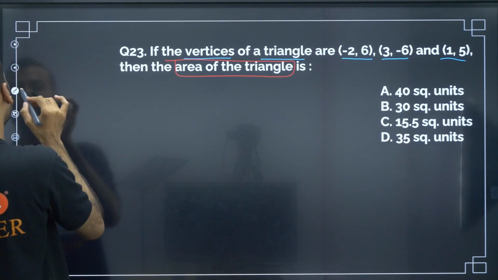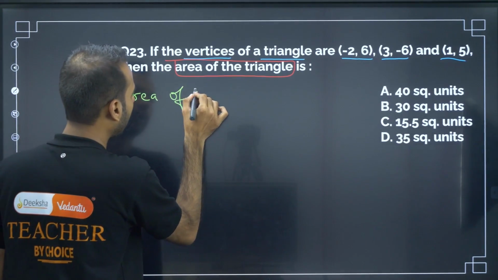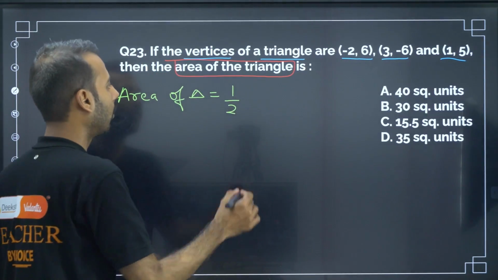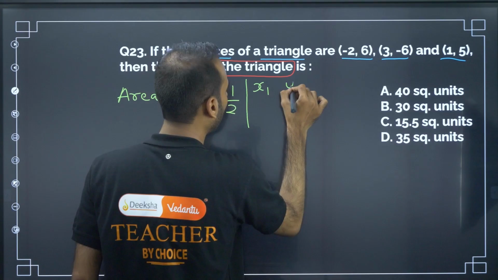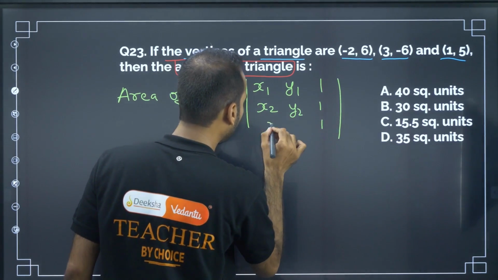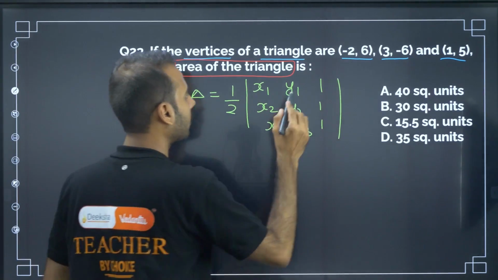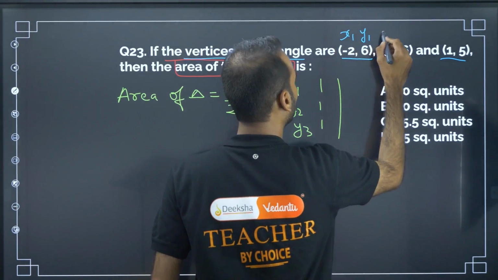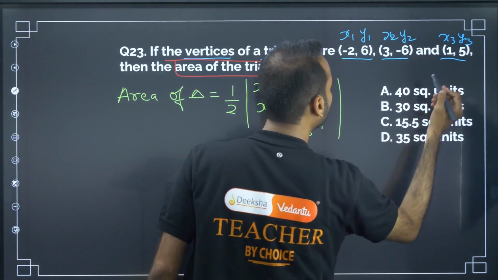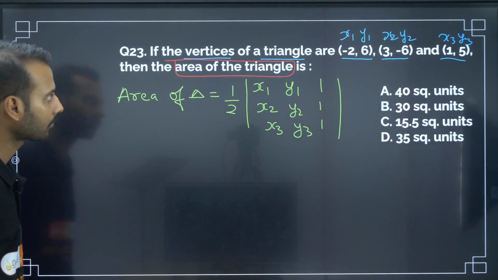Area of triangle formula is half of the determinant x1 y1 1, x2 y2 1, x3 y3 1. Now what are these things? x1 y1, x2 y2, x3 y3.